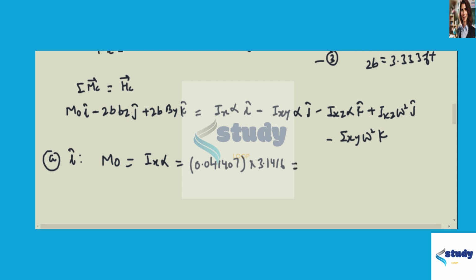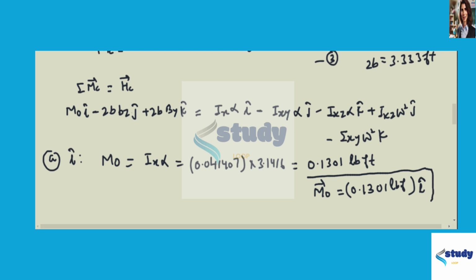So you will get the value to be 0.1301 pound feet. If you write in vector expression, it is along x-axis, so we can write 0.1301 pound feet i cap. So this is the answer of part A.